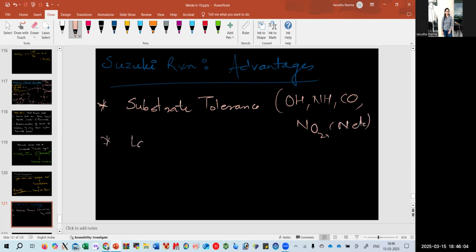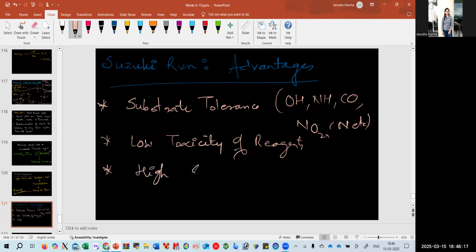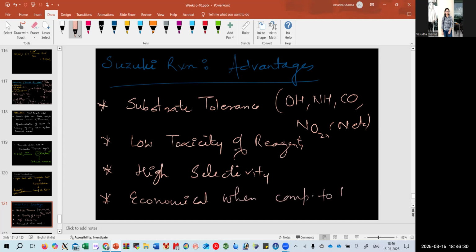It has low toxicity of the reagents as you're using a boronic acid, which has certain medicinal value as well. It gives a high selectivity of your cross coupling products, and it is economical if you compare the catalyst to rhodium and iridium.